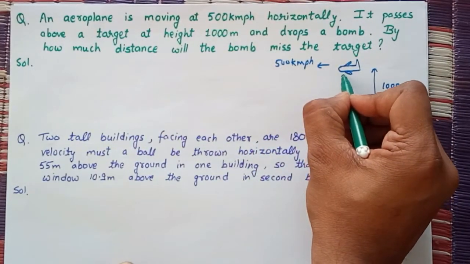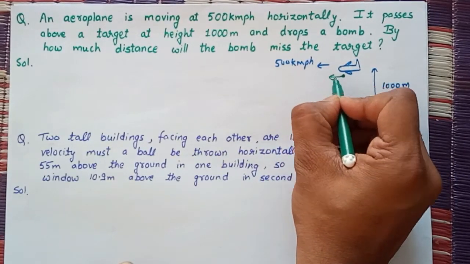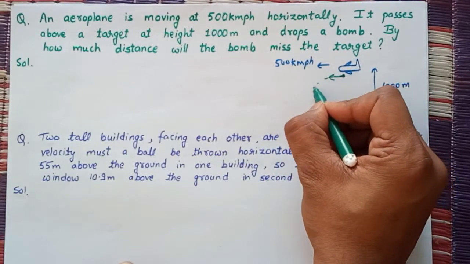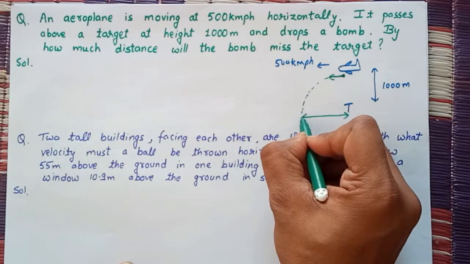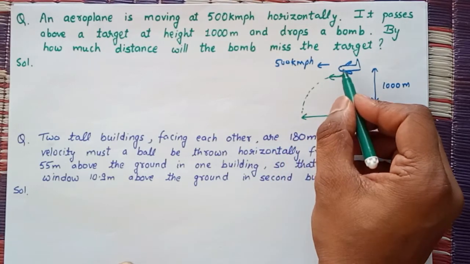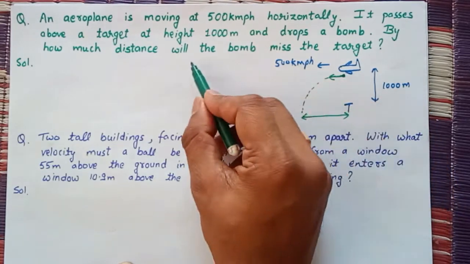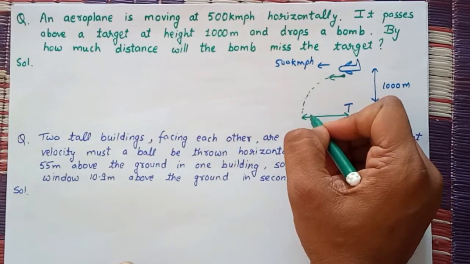See, when the bomb is dropped, the plane was moving, so the bomb will also have the same velocity and it will go like this. So it will not fall on the target. It will miss the target by this much distance, and that's why the question asks the distance by which the bomb will miss the target. This is the case for horizontal projection.